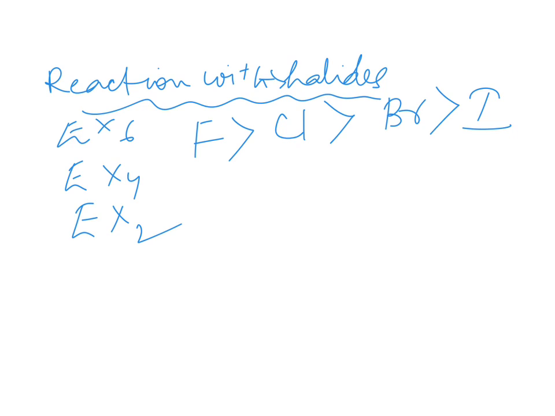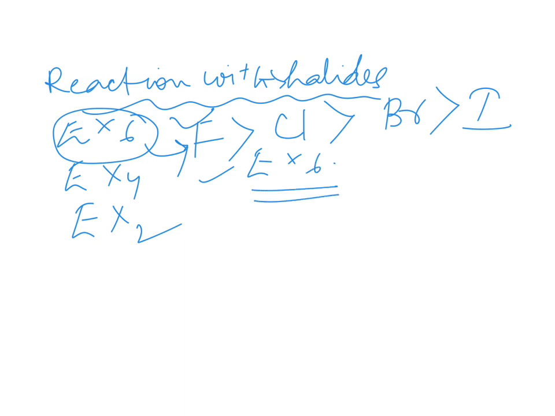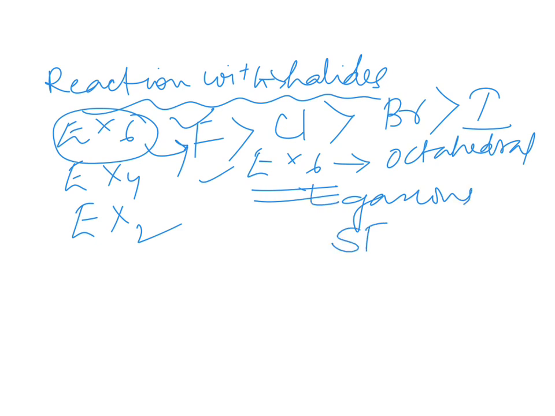And among the hexahalides, only hexafluorides are stable. Hexafluorides have an octahedral structure, and they are gases in nature, and SF6 is very stable due to steric reasons.